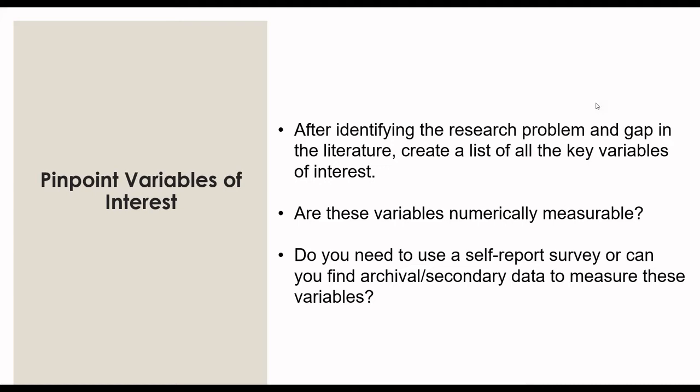Something that could be measured on a survey, something that potentially has a range of possible discrete values. So you want numerically measurable data, and you need to identify if you're going to measure this data through a self-report survey, or are you able to find this data online through an archival or secondary source?